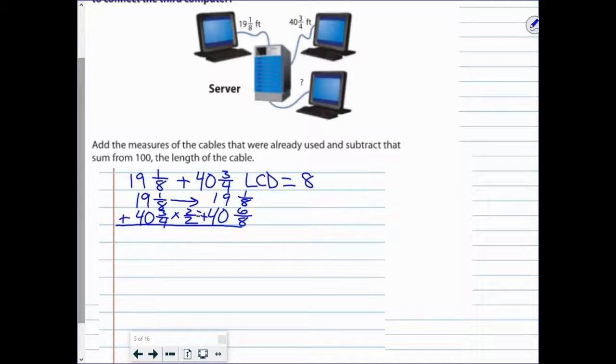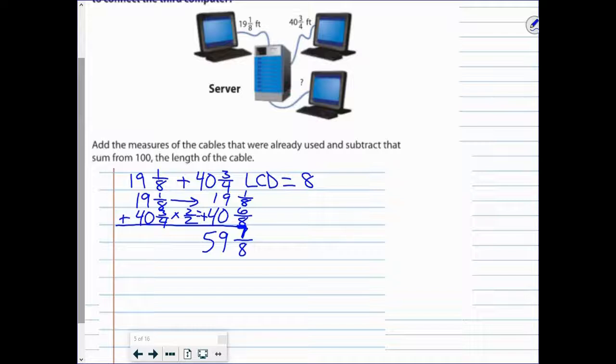Both numbers are positive, so I'm just going to add them, and I will get 7/8 as my fraction and 59 as my whole number. Well, that's just the first part of this problem. It said, well, we had a 100-foot cord to begin with. So what do we have left after we use the 59 7/8?